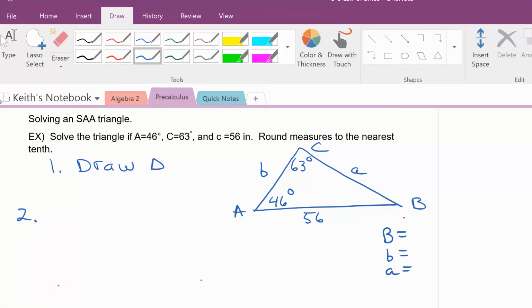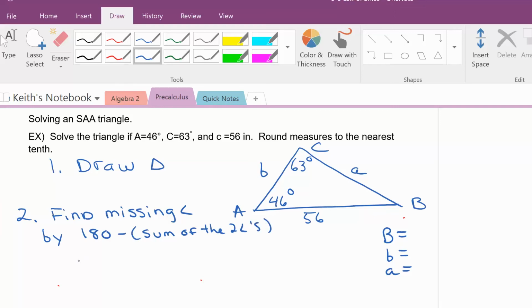Second, it would be easiest to find angle B. So you'd find the missing angle by taking 180 minus the sum of the two angles.